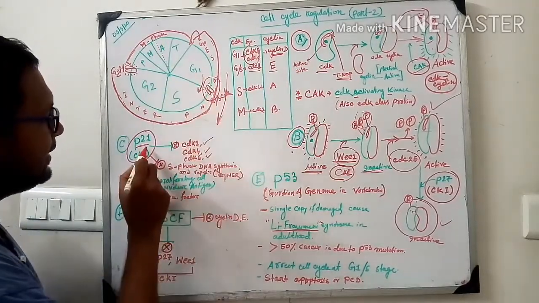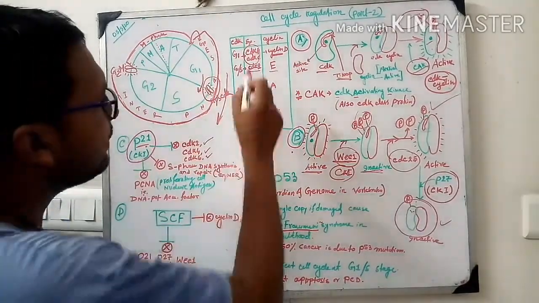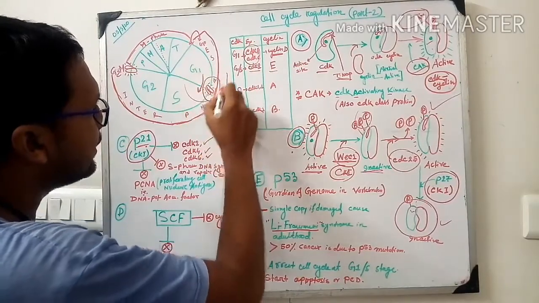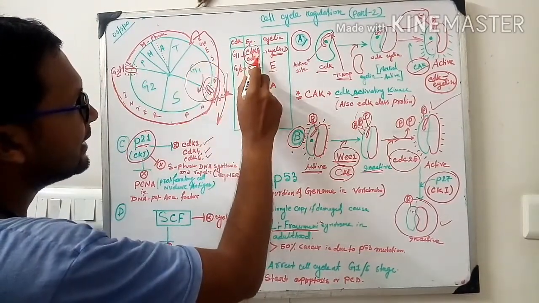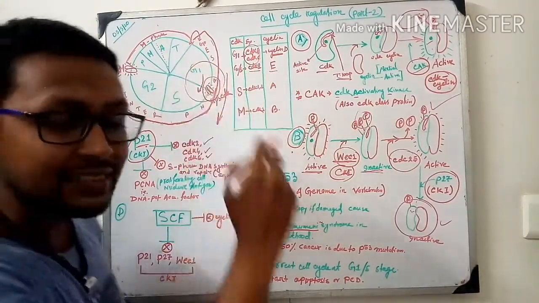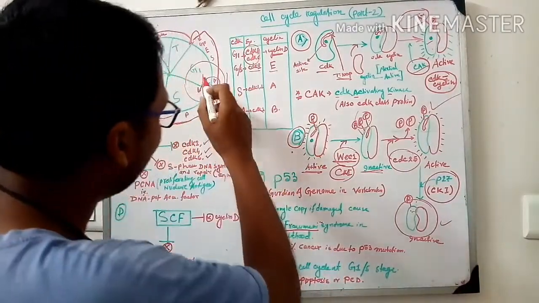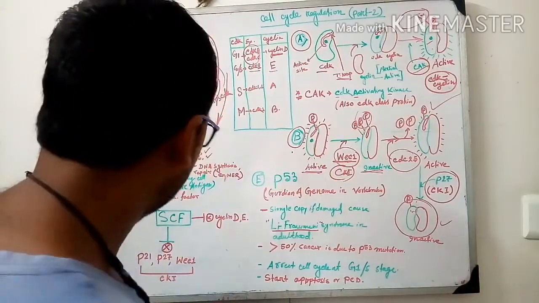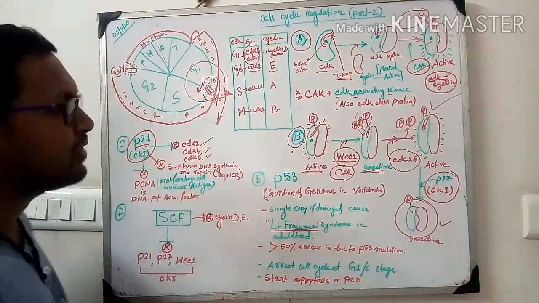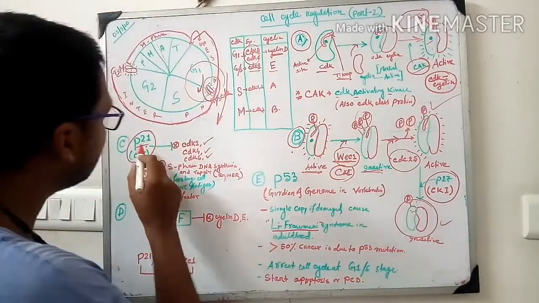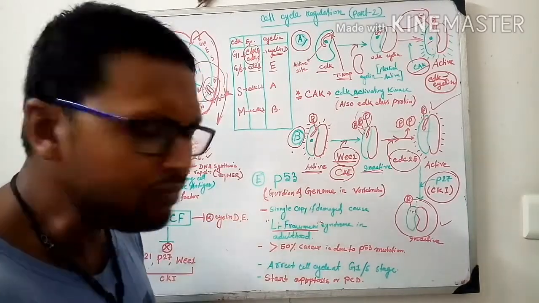These CDKs are very important for the passage of the cell from G1 to the S phase. So P21 is very important, and these are tumor suppressor genes.